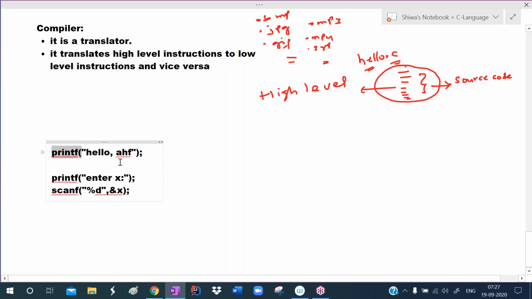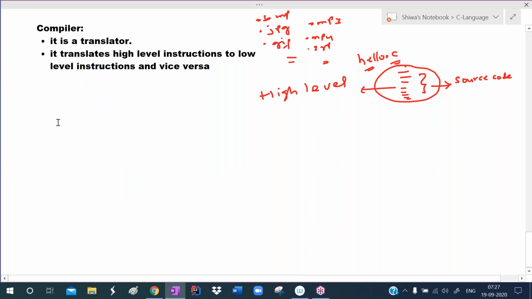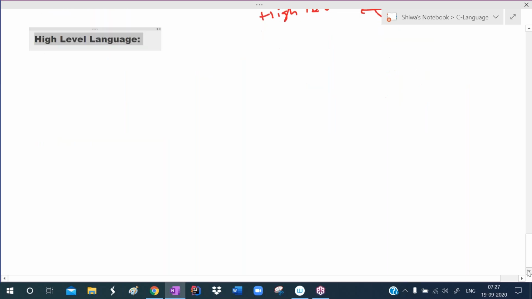So there are two types of languages: one is high level language, another one is low level language.